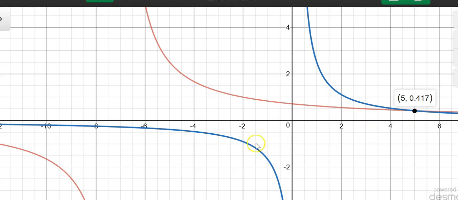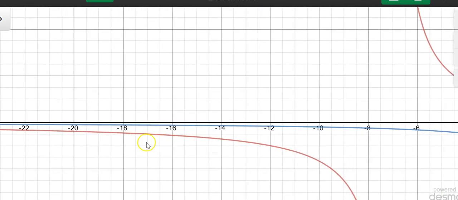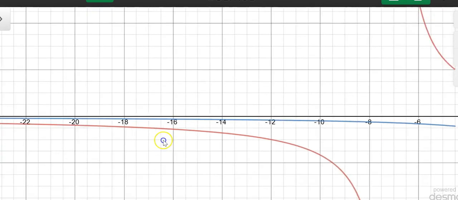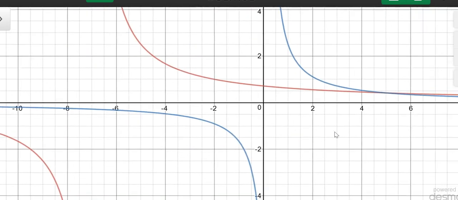So you can verify. On the other side, this left end, it goes on and on, but they will not meet anywhere. That's the reason we have just one solution, one value for x, at 5, between 4 and 6, we got it.